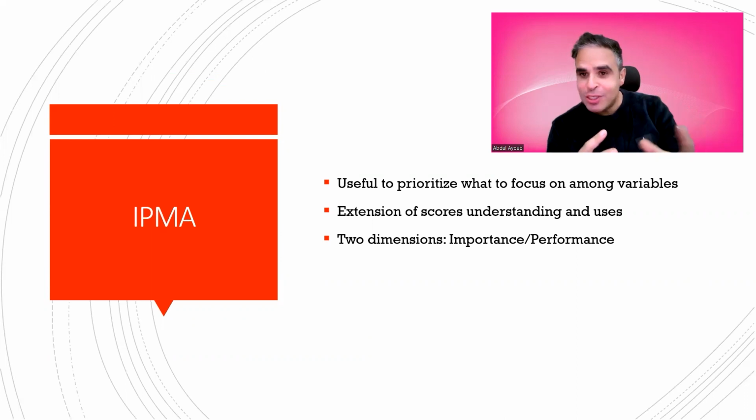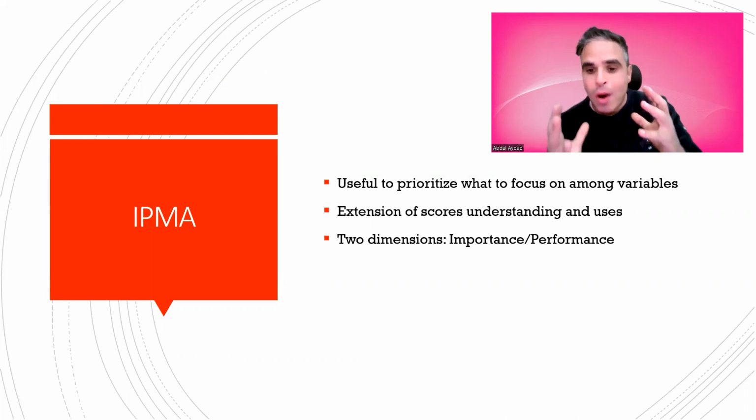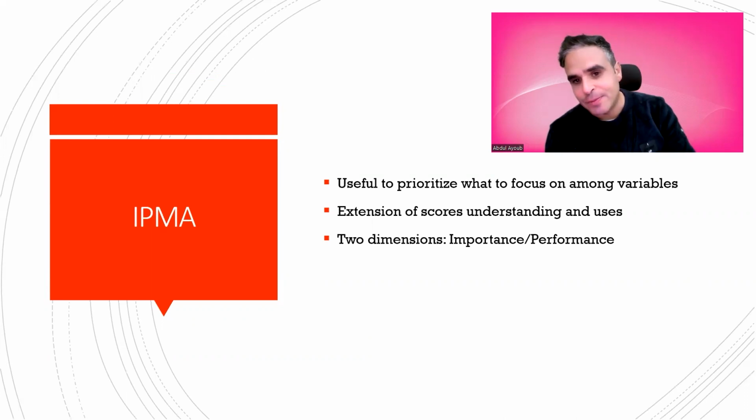So they use IPMA calculations in order to understand what these variables are. It's simply an extension of scores, understanding, and uses. It helps with better, more prudent managerial decisions. And we have two dimensions to focus on here, the importance as well as the performance dimensions.